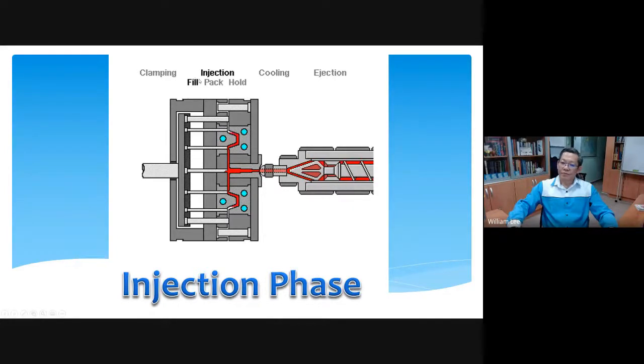One is to fill. Initially the mold is filled up by the plastic. Preferably, we don't want to fill fully, so you can see we still have some gap. We fill up loosely, because we want to allow some room for the plastic to move during the second function, which is called packing.